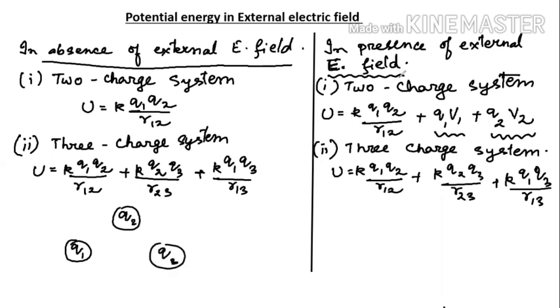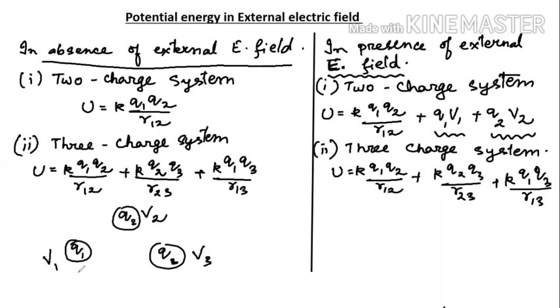So in presence of external electric field, those three positions will have different potential value. Let's say for Q1 it is V1, for Q2 it is V2, for Q3 it is V3. You will have different potential. And why are you having these three different potentials? This is due to the external electric field.